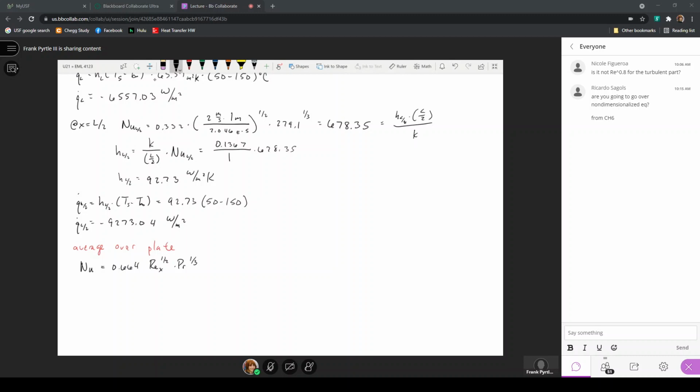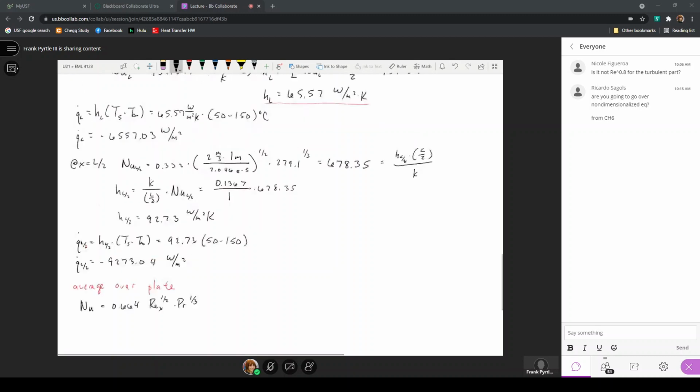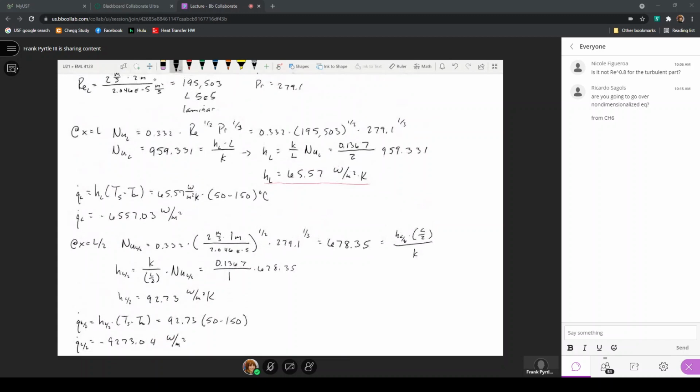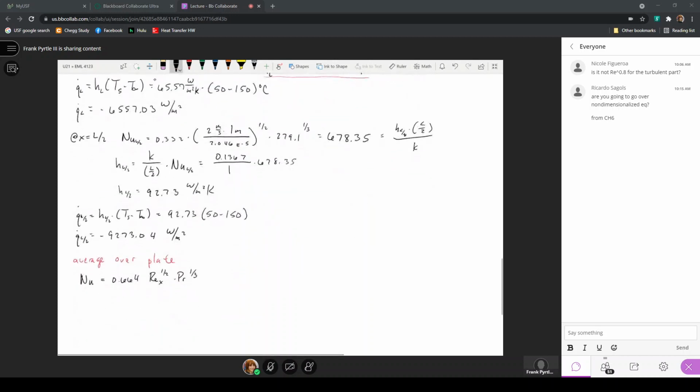So here, this Reynolds number is the same Reynolds number that was used to calculate the local Nusselt number at the trailing edge of the plate, because we're trying to get the average heat transfer coefficient over the entire length that goes from x equals 0 to x equals L, which is that trailing edge.